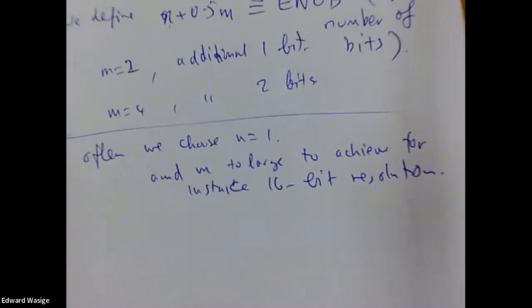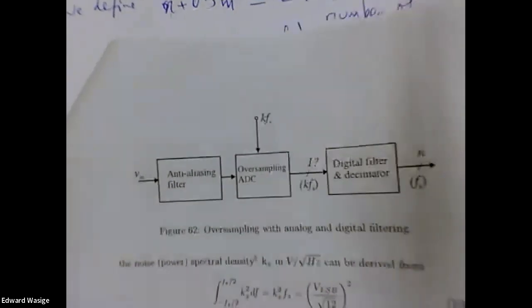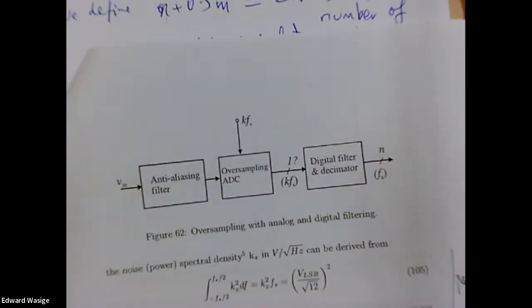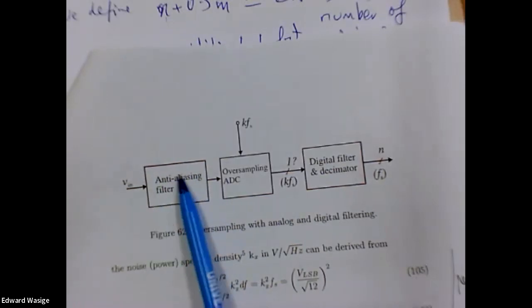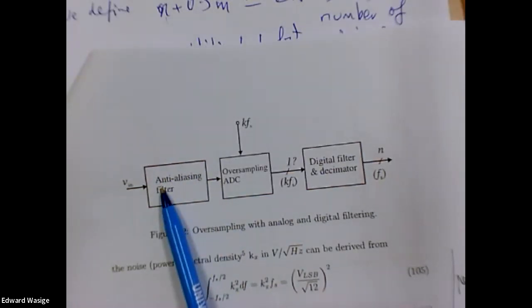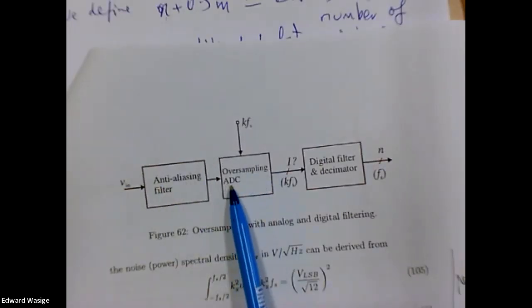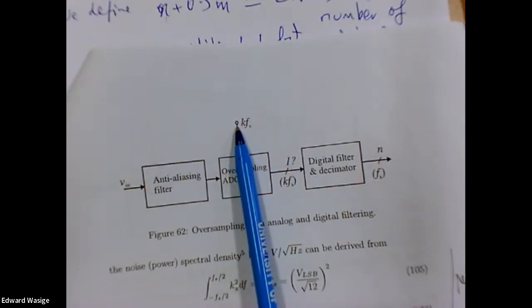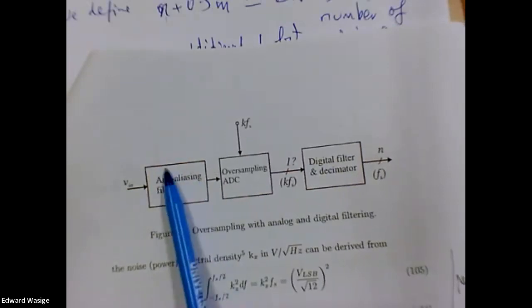I'll just draw or show the architecture of an ADC. This is figure 62 in your handout. We have an anti-aliasing filter. We discussed this a little bit in the revision class on Wednesday. We oversample with an oversampling ratio of k. Actually, when we oversample, this is redundant.